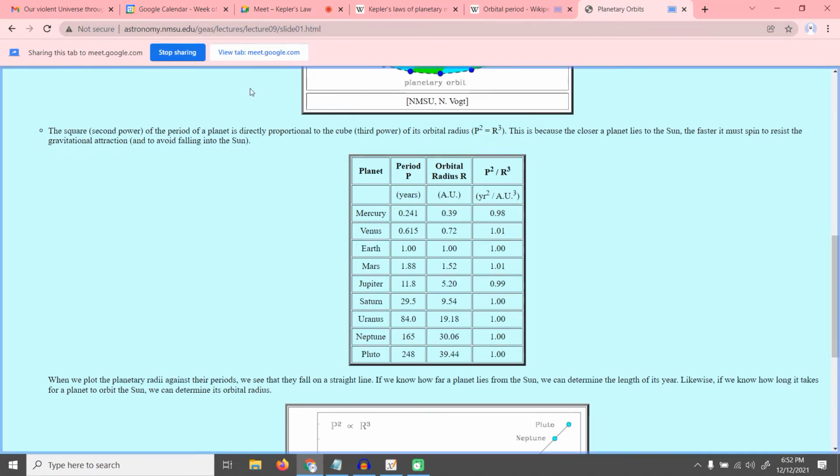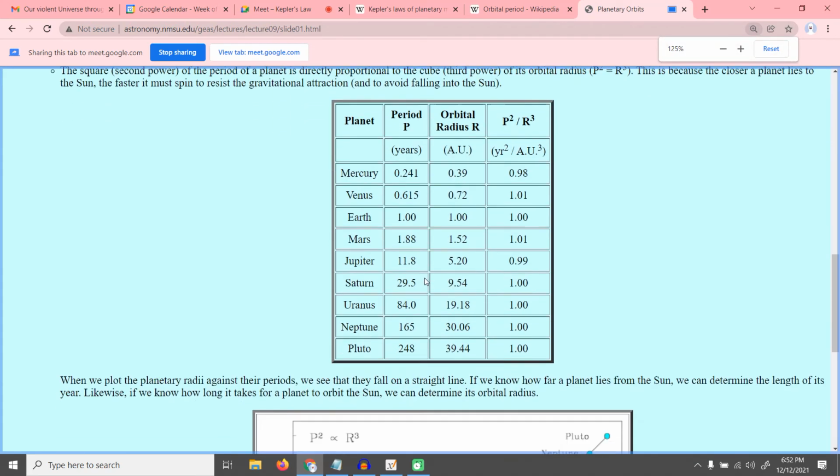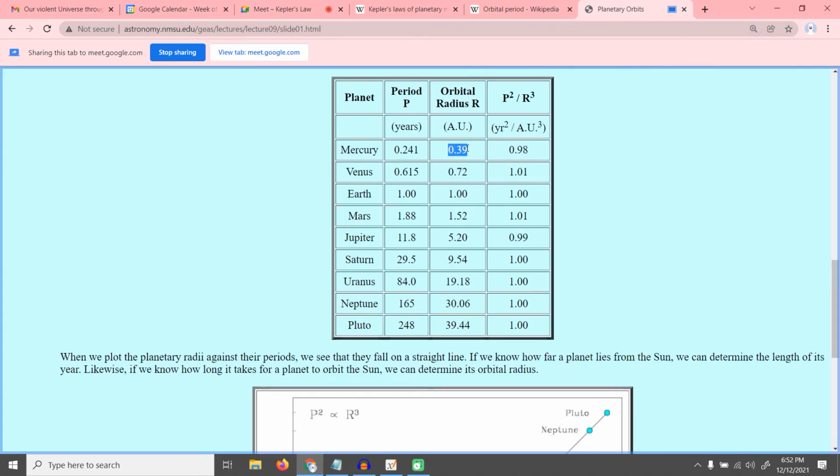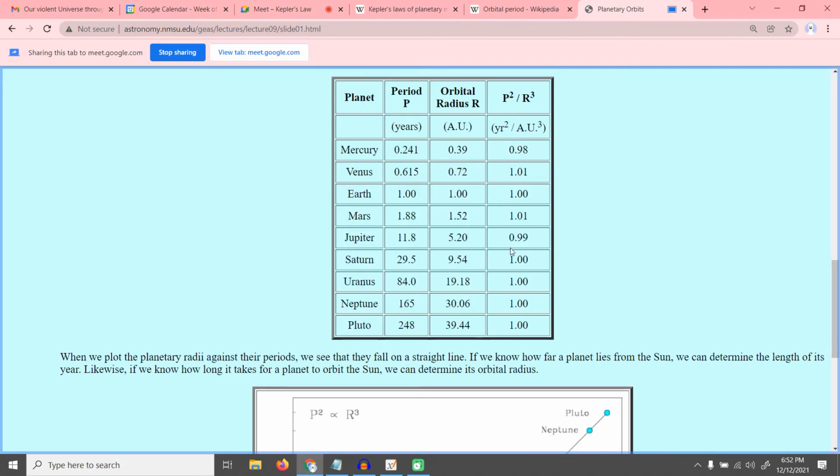Okay. Apparently, there is a whole website over here. As you can see, there is an orbital radius in AU. 1 AU means the distance of Earth from the Sun. 0.72 means 72% the distance to Earth. So Venus is at 72% distance to the Earth, and it takes 0.6 years for Venus to go around the sun.